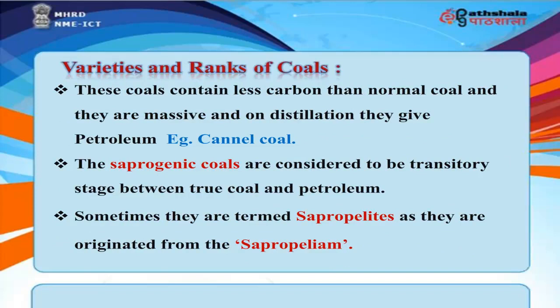These coals contain less carbon than normal coal, and they are massive, and on distillation they give petroleum. Example, cannel coal. The saprogenic coals are considered to be a transitory stage between true coal and petroleum. Sometimes they are termed sapropellites, as they are originated from the sapropelium.